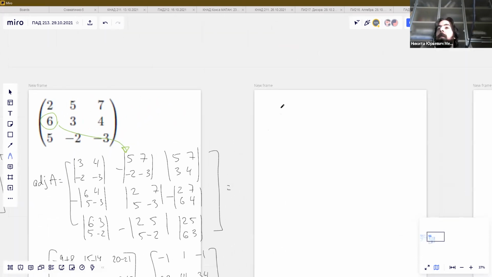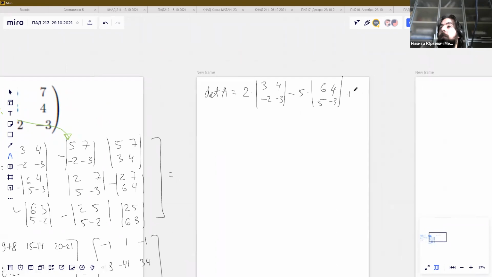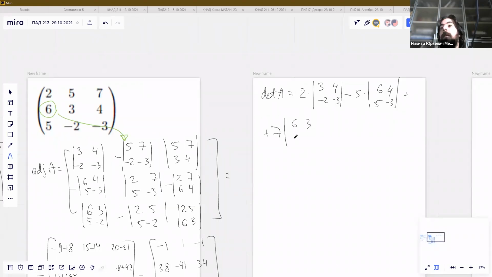Indeed, for example, to find the determinant of A, I expand by the first row like this, then I can use the fact that those numbers were already computed in this matrix. I don't need to do this work twice.